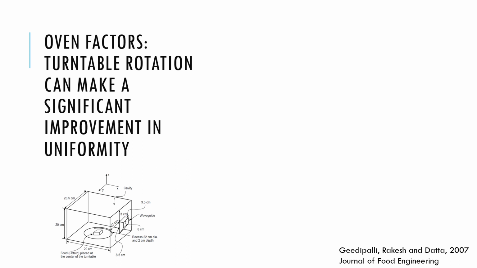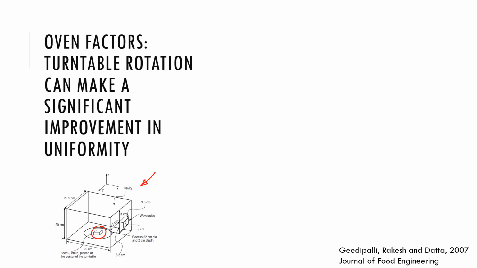This time we are back to simulation of a home oven, and in the home oven we have a cube, that's the food placed at the center of the turntable. The cube is a food analog, a meat analog in this case, made of tylose, and it has the properties of beef.